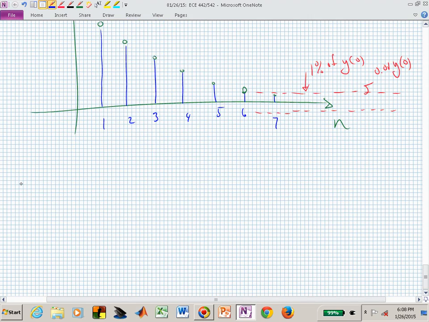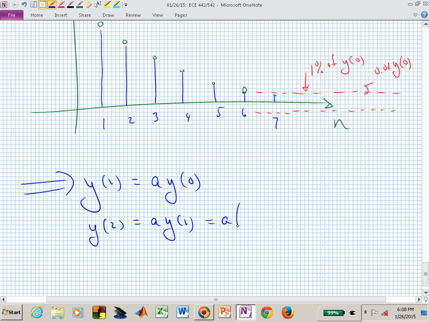Now, did some of you start just iterating and saying, oh, y of 1 is a times y of 0? You still didn't give me y of 0. Y of 2 is a times y of 1, or that's a times a times y of 0, or that's a squared y of 0.